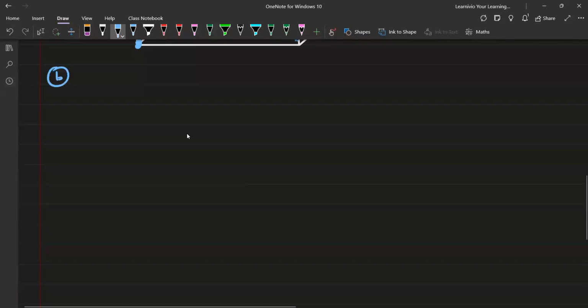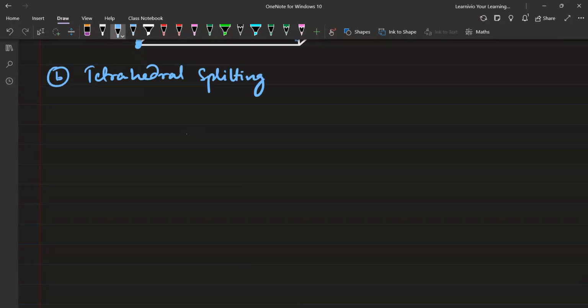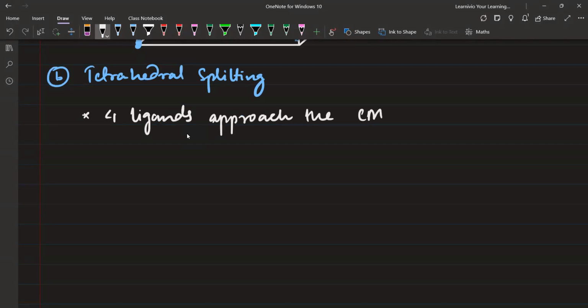Write the B part, that is tetrahedral splitting. Write in this: 4 ligands approach the central metal atom between the axes.